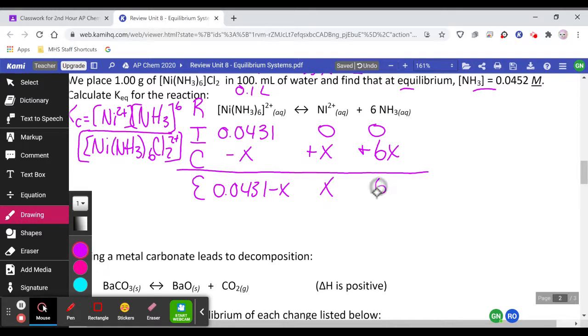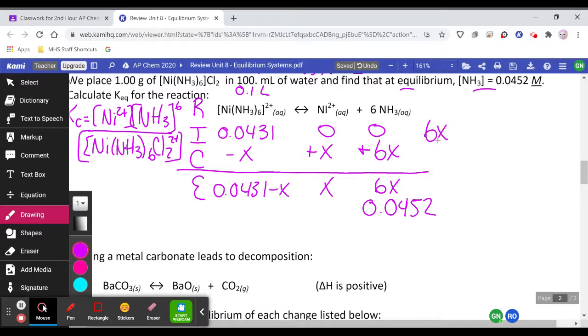And so I know this is 6x, but I also know the actual value. The actual value is 0.0452. So then what I can do is just do a very simple algebra problem and figure out what x is here, without having to set up a lot of work.